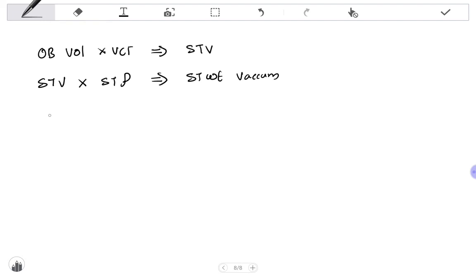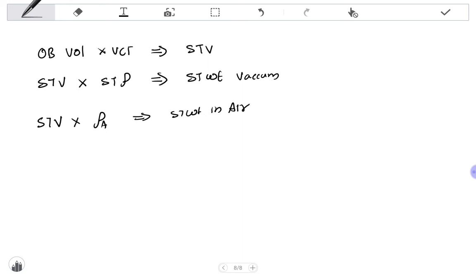Okay, now standard volume into density in air will give you standard weight in air.